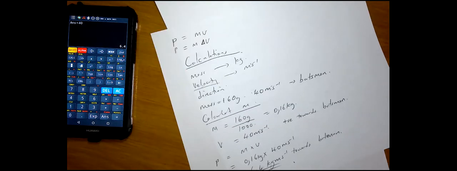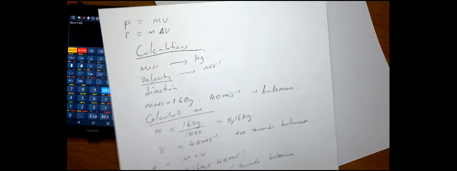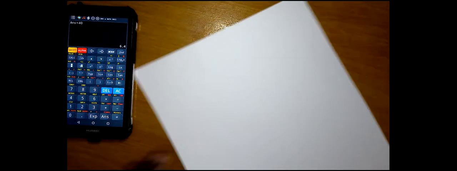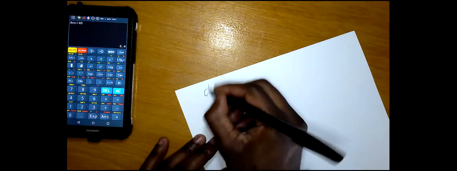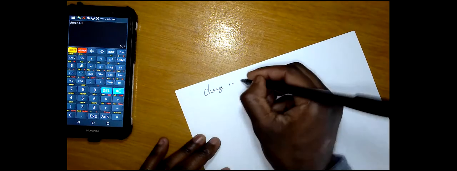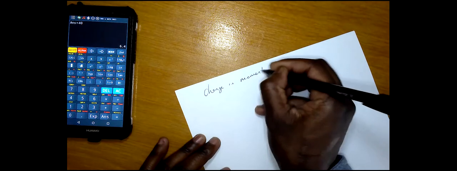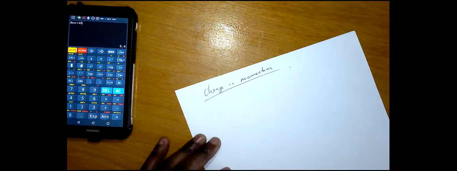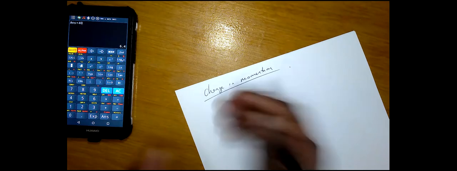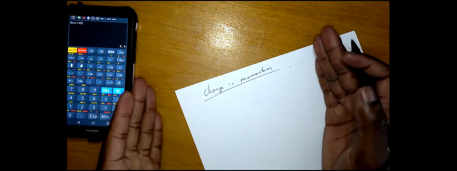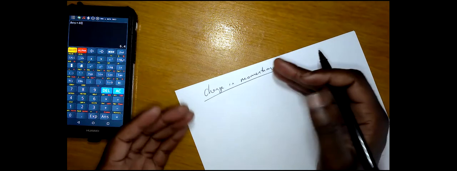That's what you need to understand when I talk of basic momentum calculations. Now let's talk of change in momentum. What changes is velocity. We'll always have an initial velocity and a final velocity.